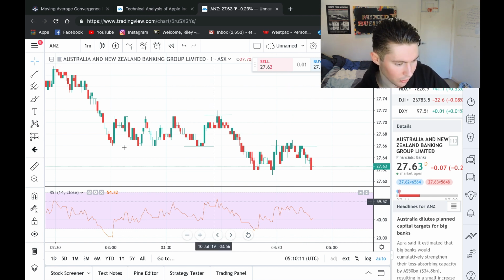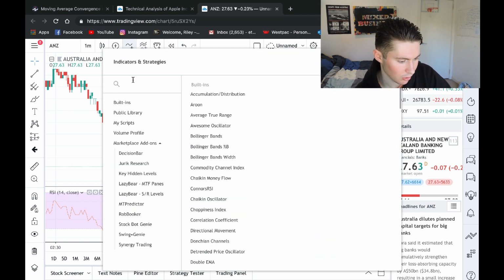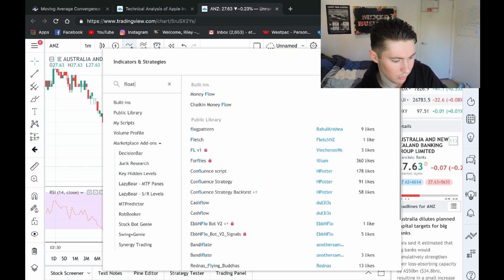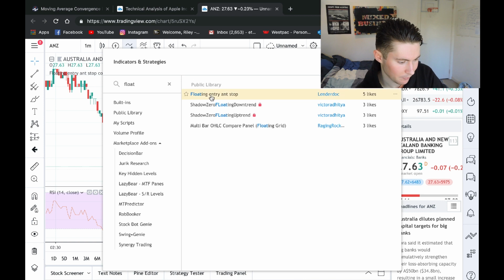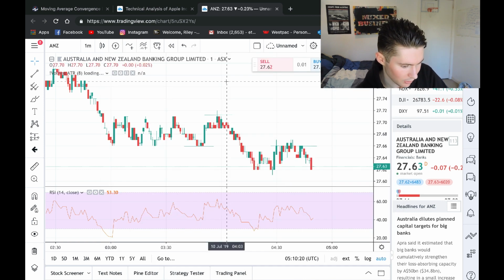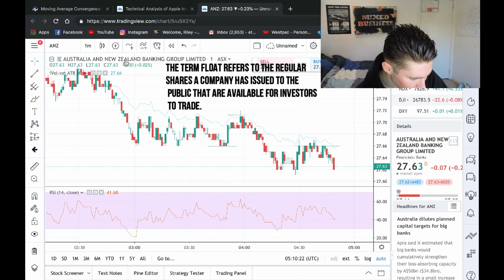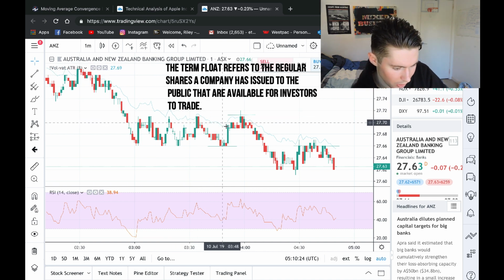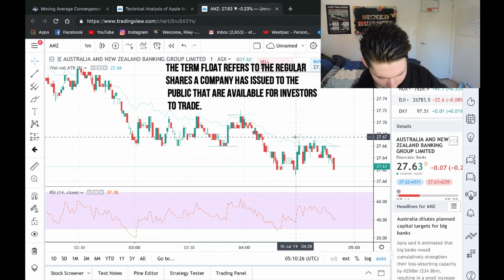So the next thing we're going to be talking about is the float. We can go here and type in float. You get an indicator like this, where it's charted above the line. Essentially the float is the number of shares available to trade.